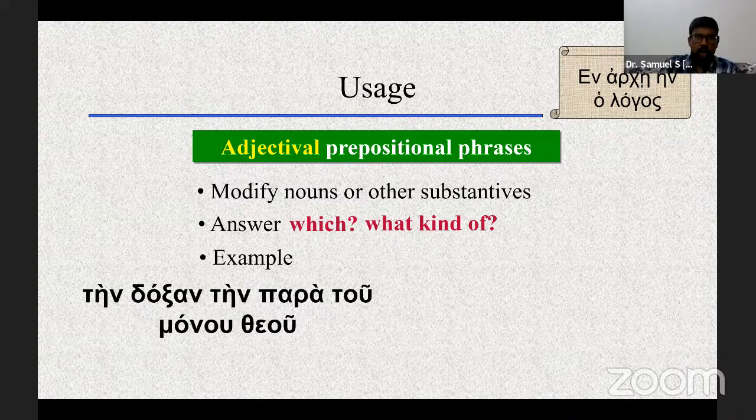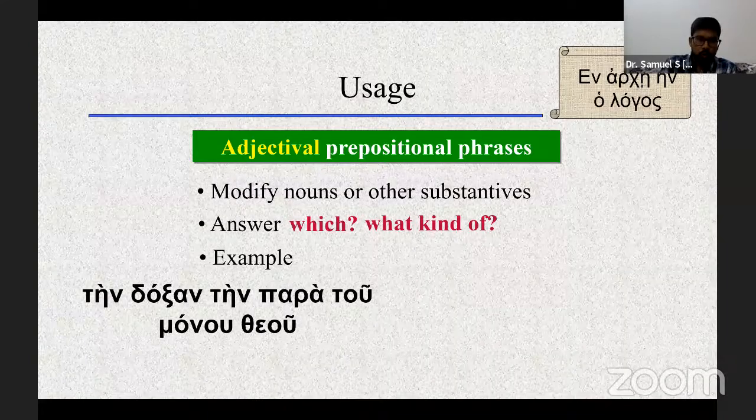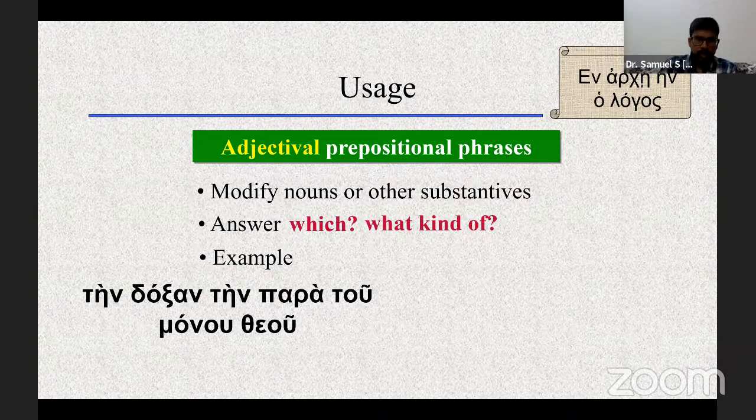Ten doxan ten para tou monou theou. Ten doxan, the glory. Para can take any one of the three cases. Here it's taking the genitive. Tou monou theou.